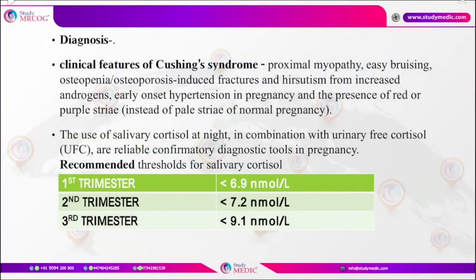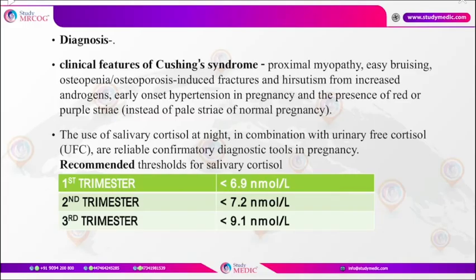Talking about the diagnosis, the clinical features, as we know, are proximal myopathy, easy bruising, osteopenia or osteoporosis which induces fractures, hirsutism from increased androgen, early onset of hypertension in pregnancy, and the presence of red and purple striae instead of the pale striae which normally occur during pregnancy.